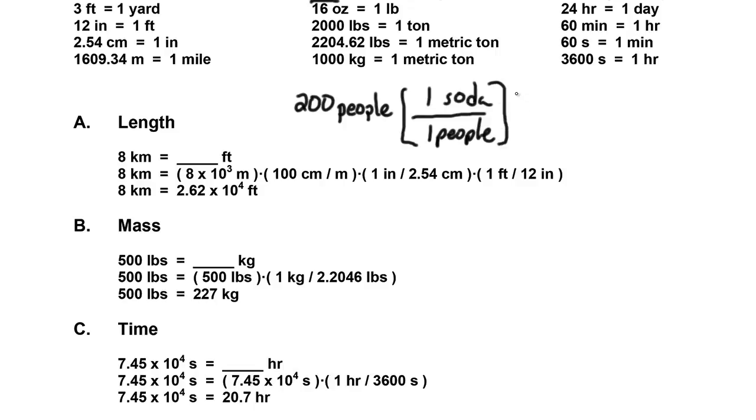So everybody gets 1 soda. Now, if I had a vending machine on the airplane, and that vending machine said that 1 soda was 50 cents, how much money would it cost to make sure that everybody got a soda?